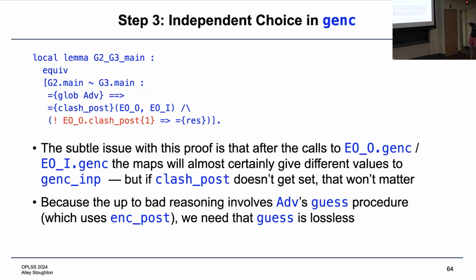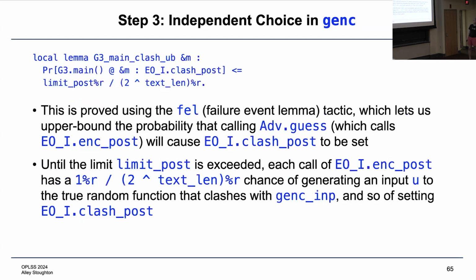The maps become different, but we can prove that that doesn't matter. To do up to bad reasoning here, we need to assume that the adversary's guess procedure is lossless, always returns with probability 1, no matter its input. The really subtle thing, though, is that to do this, what's the probability that the bad event happens?